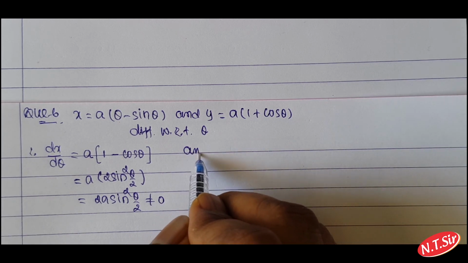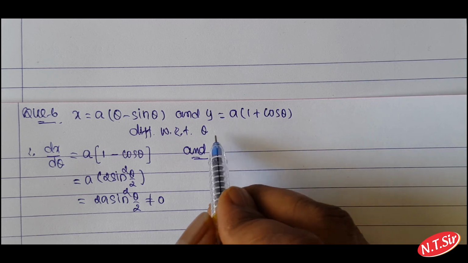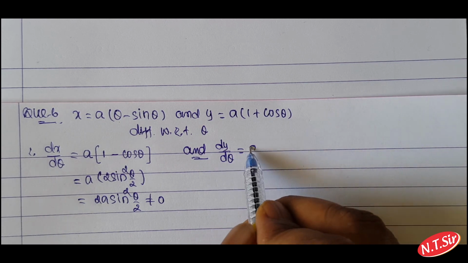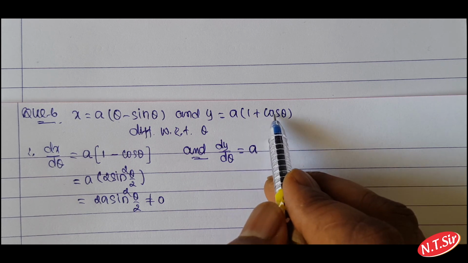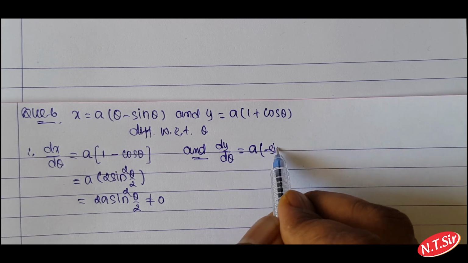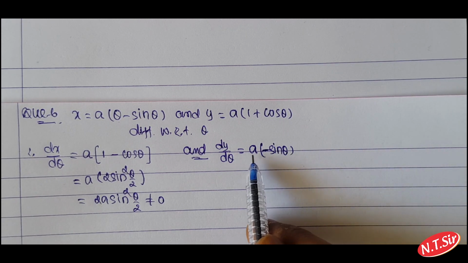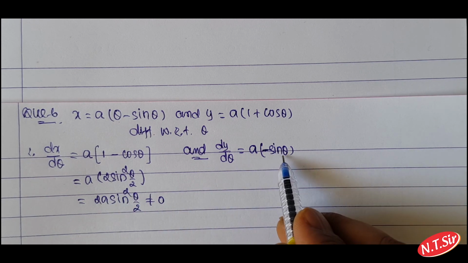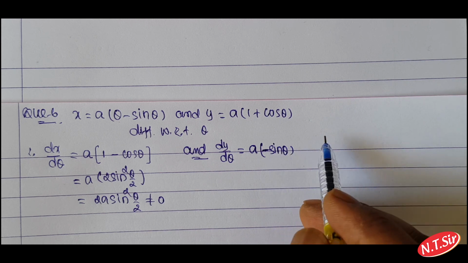And what is given? y is a into 1 plus cos theta, so dy by d theta is equal to a as it is, derivative of 1 is 0 and derivative of cos theta is minus sin theta. Now the answer is minus a sin theta, but here the answer is in theta by 2, so changing this also using the half angle formula, that is sin 2 theta formula is 2 sin theta cos theta.